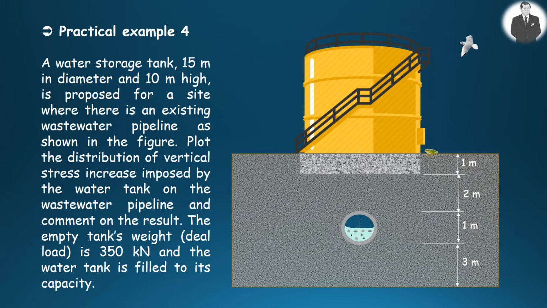You are asked to plot the distribution of vertical stress increase enforced by the water tank on the wastewater pipeline and comment on the result you find. The dead weight of the water storage tank is 350 kilonewton, and assume that the water tank is filled to its capacity.